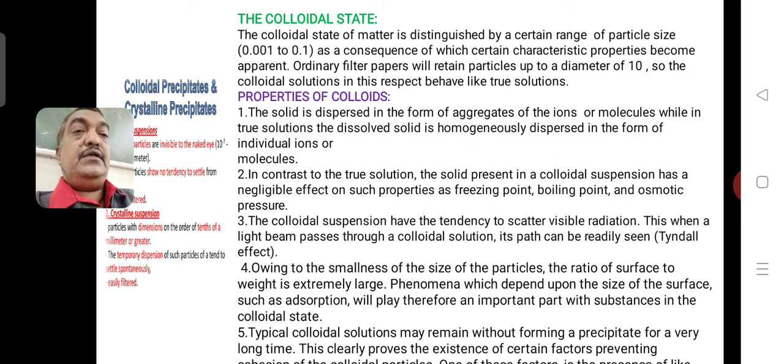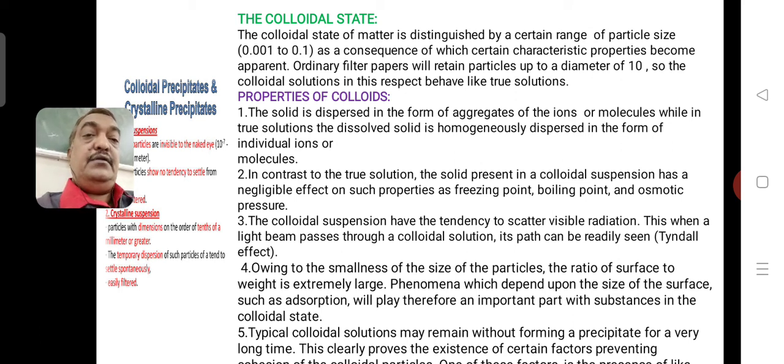Okay, the first one: generally the colloidal particles are of smaller size, or smaller ions or molecules. They can be converted into a proper structure by chemical means.